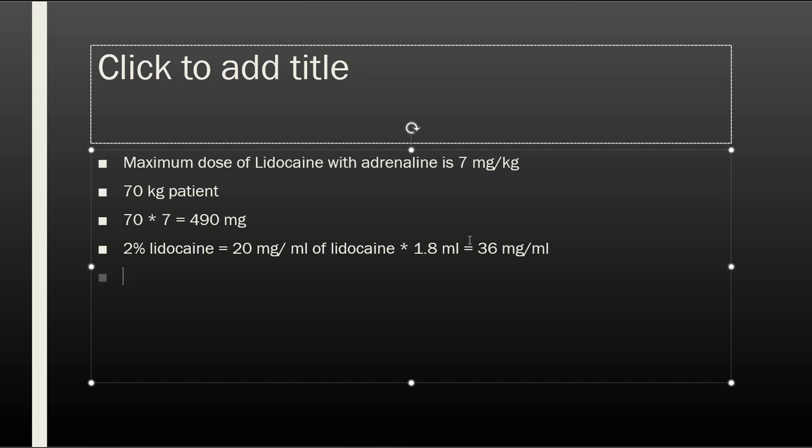So now, the maximum dose over the local anesthesia drug, 490 over 36. So we can give up to 13.6. We can give up to 14 carpules for this patient. But we don't reach this number, of course, but this is the maximum dose that we can give.